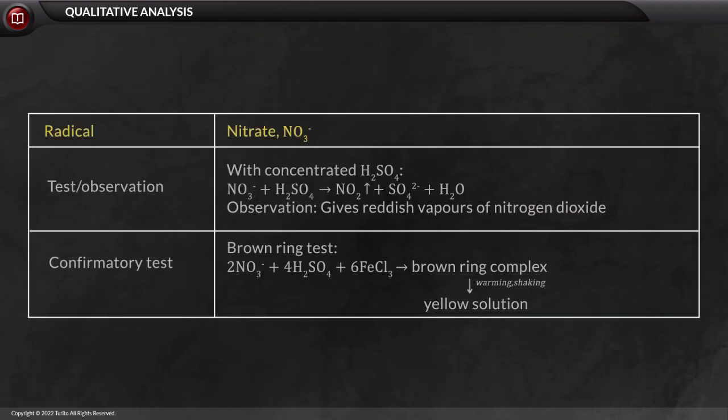Last in this class is nitrate, which with concentrated sulfuric acid gives reddish vapors of nitrogen dioxide. While with ferric chloride in the presence of concentrated sulfuric acid, it will give a brown ring complex, which on shaking or warming gives a yellow solution.